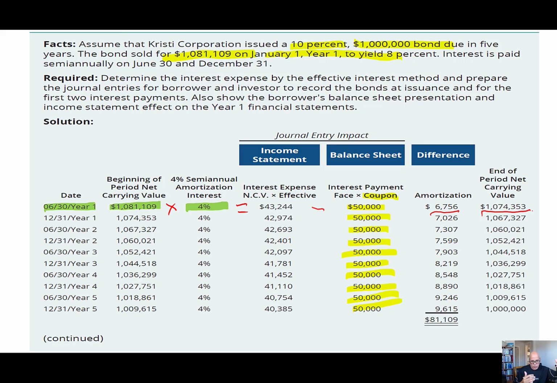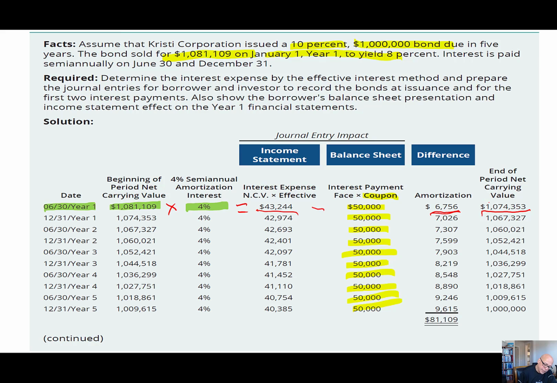Then when you make your interest payment, of course, you're going to credit cash for $50,000, debit interest expense for $43,244, and you're going to debit the premium, bringing it down by $6,756. So the mechanics of the journal entry work exactly the same, whether it's straight line or the effective interest method.